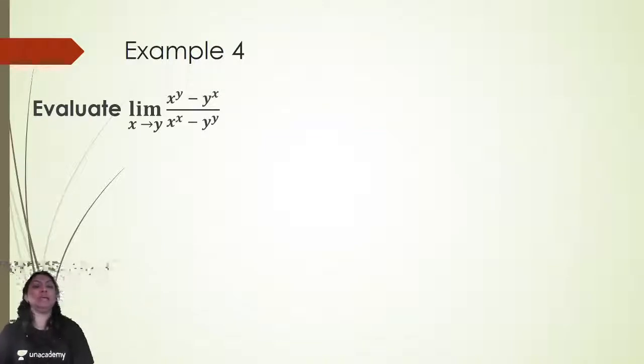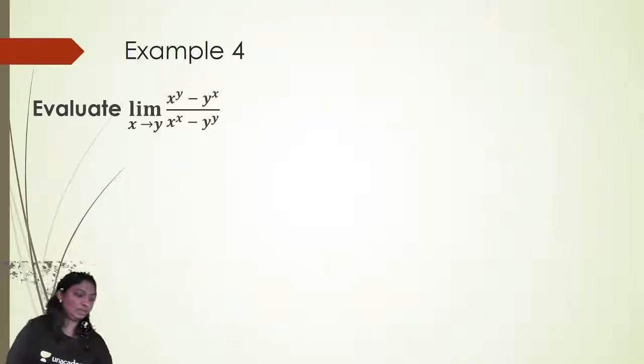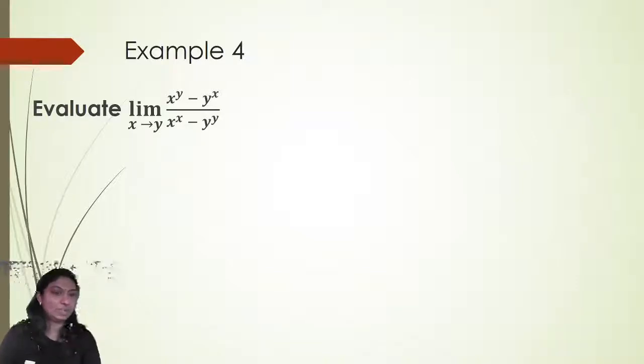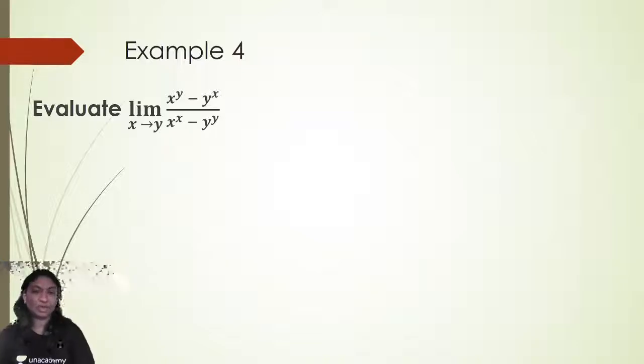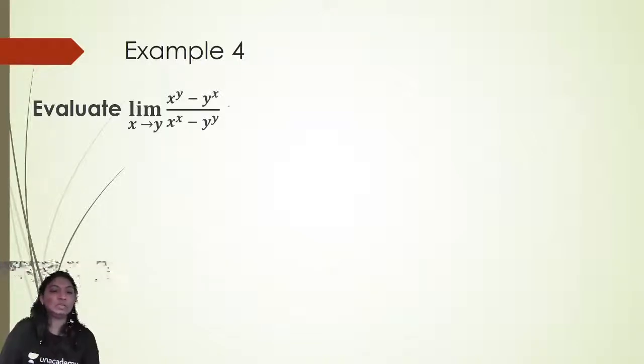Now, evaluate the limit. This is very important. Evaluate the limit x raised to y minus y raised to x upon x raised to x minus y raised to y. Okay, how to evaluate these limits? This is very interesting. Now there is no constant term here. Here it is again a variable. So, put x tends to y.